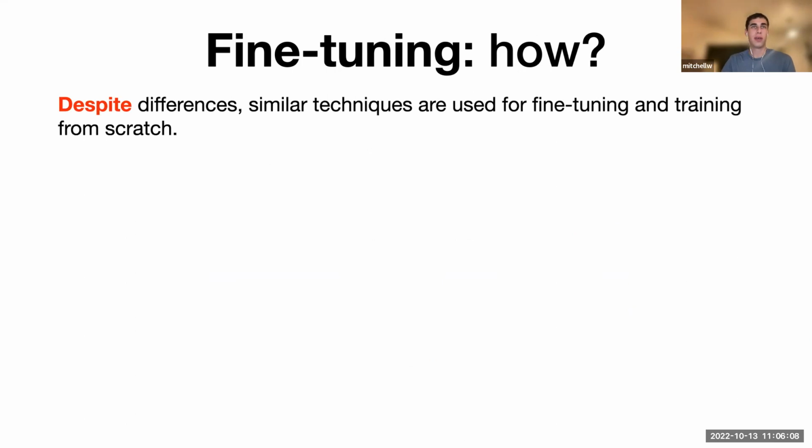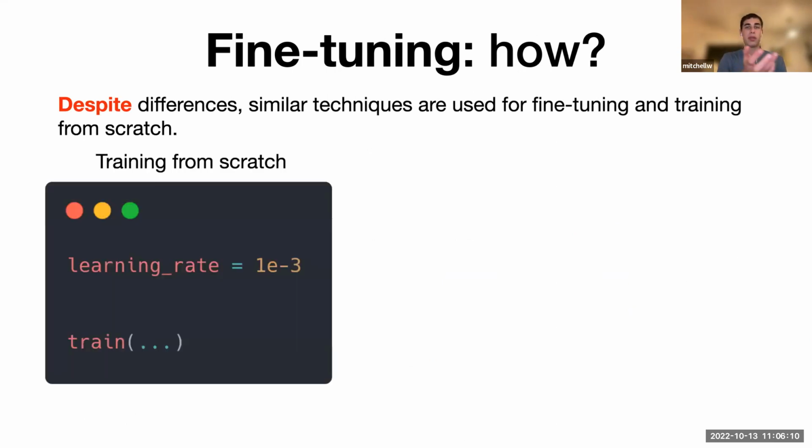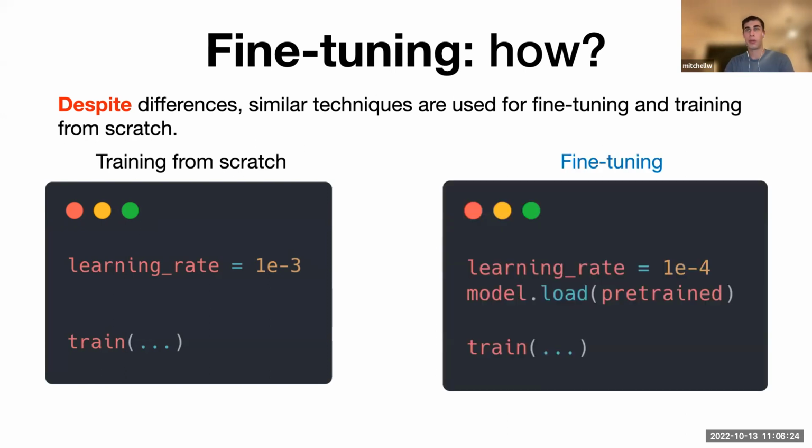Here is a simple schematic for what training from scratch looks like: maybe we set some learning rate, and then we call some train function. A lot of fine-tuning methods which perform really well are going to look very similar. The only difference is that they're going to bump down the learning rate, and they're going to make this call of loading a pre-trained model.